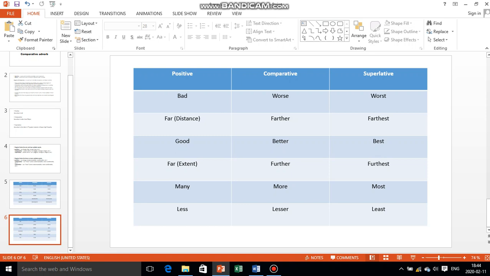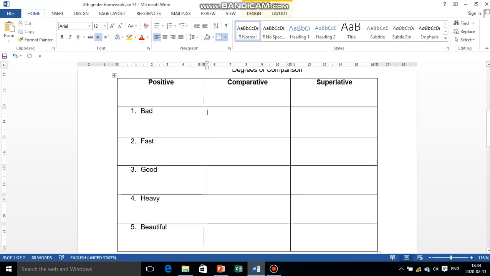Okay, so let's go to your homework. It's very easy. Here the positive is bad. What is the comparative of bad? Worse. And the superlative of bad is worst.